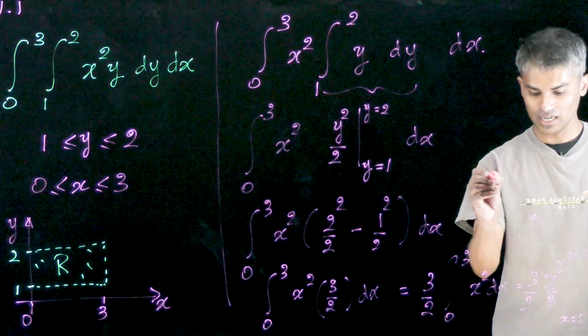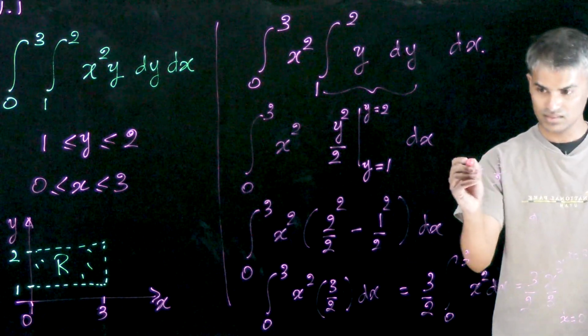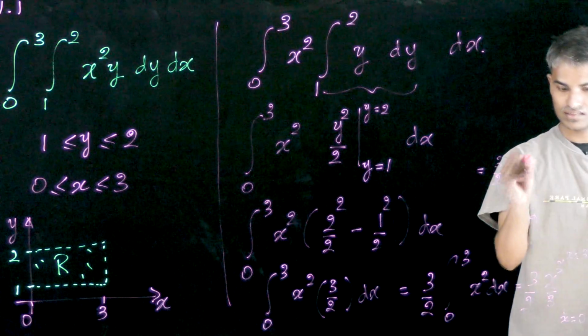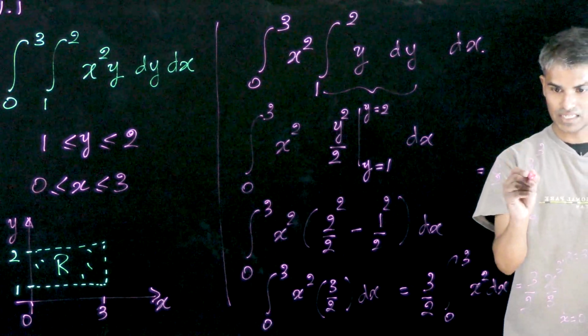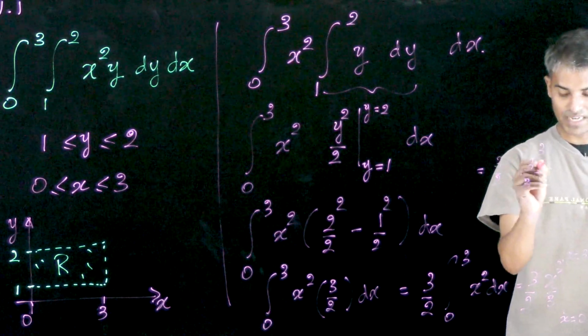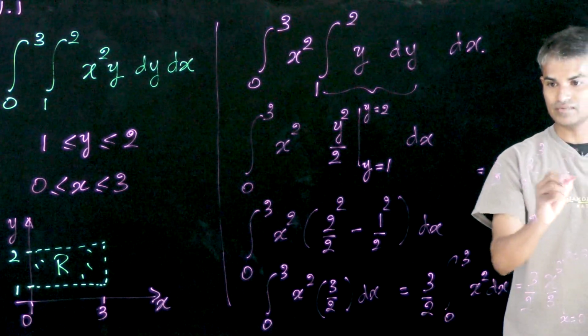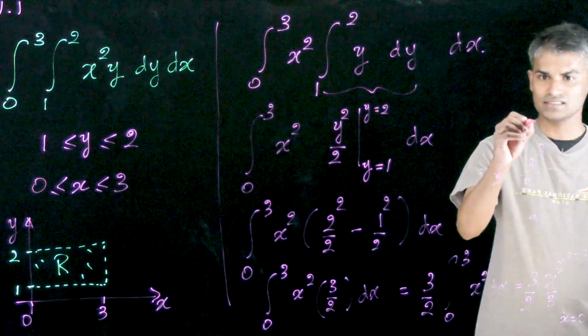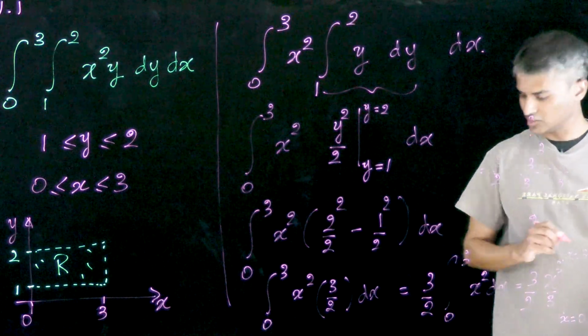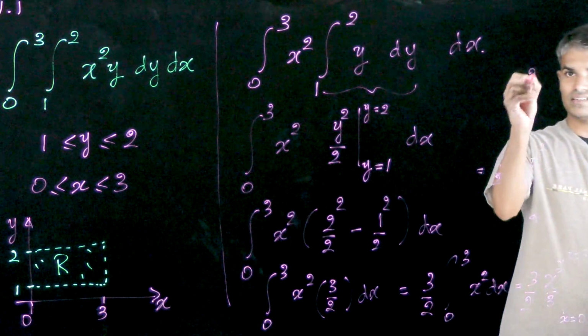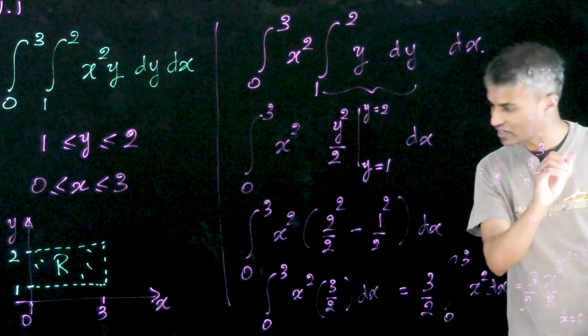So you have 3/2 times 3 to the power 3 over 3 minus 0 to the power 3 over 3, and if you simplify this, you should get 27/3. Sorry, 27/2.